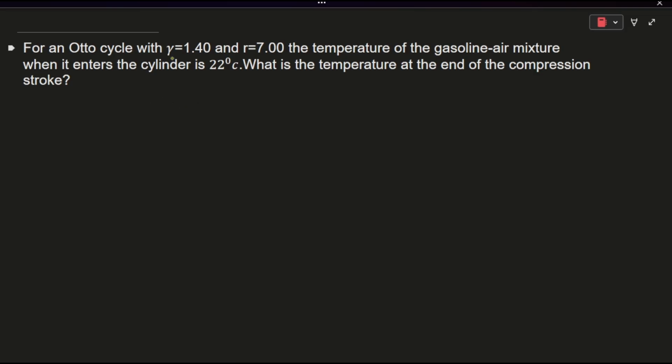So let's look at this question. We have been given the gamma as 1.40 and the compression ratio as 7 for an Otto cycle, and we are expected to determine the temperature at the end of the compression stroke. Now, let's try to sketch this. Pressure on our y-axis and volume as our x-axis.